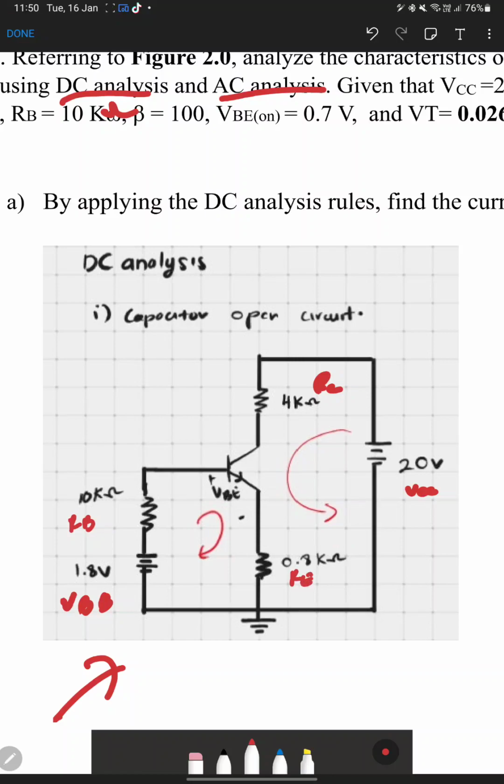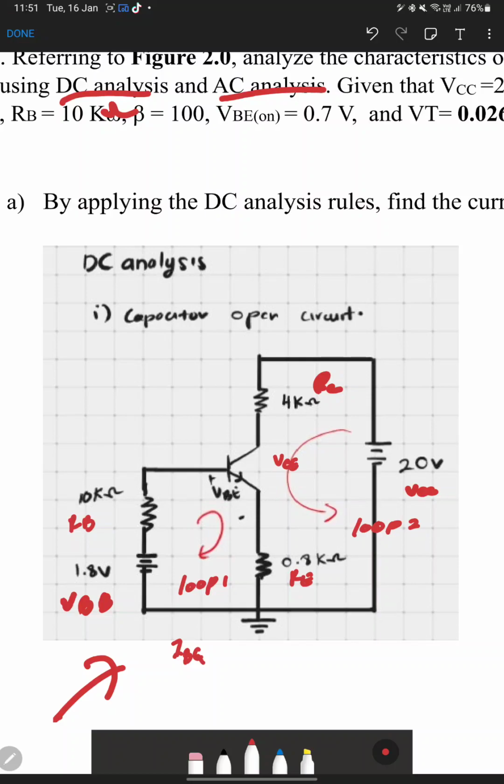So first of all, if you want to find the current, you need to start from loop 1, and then the rest we calculate in loop 2. So in loop 1 you find the value of IBQ, and in loop 2 we can find the value of VCE.